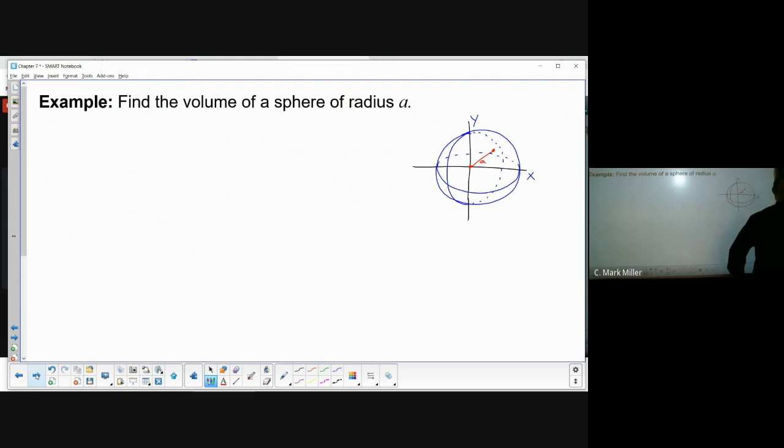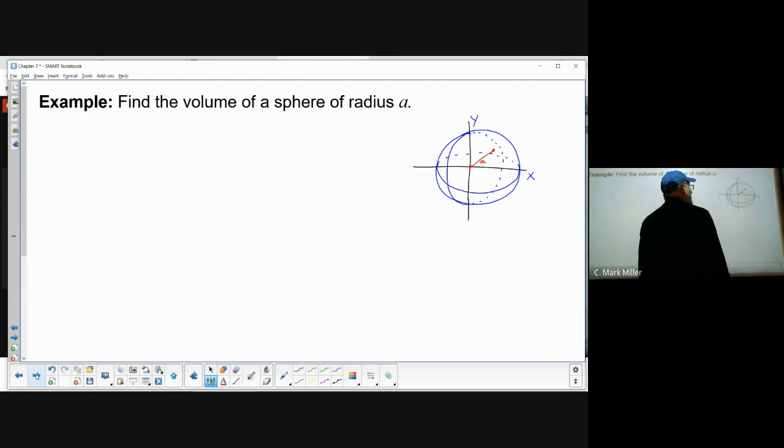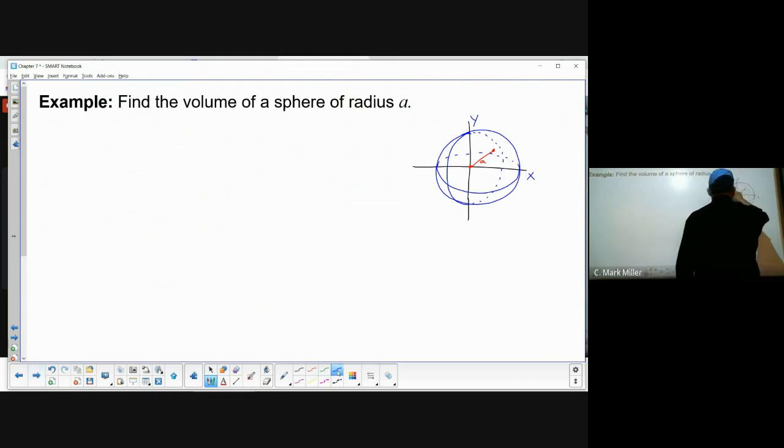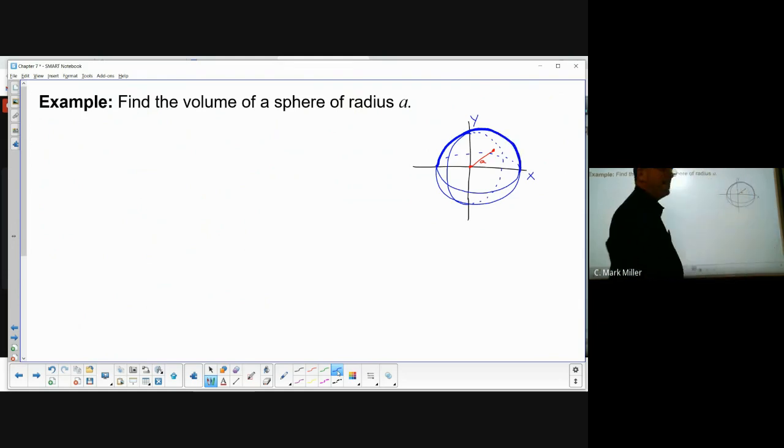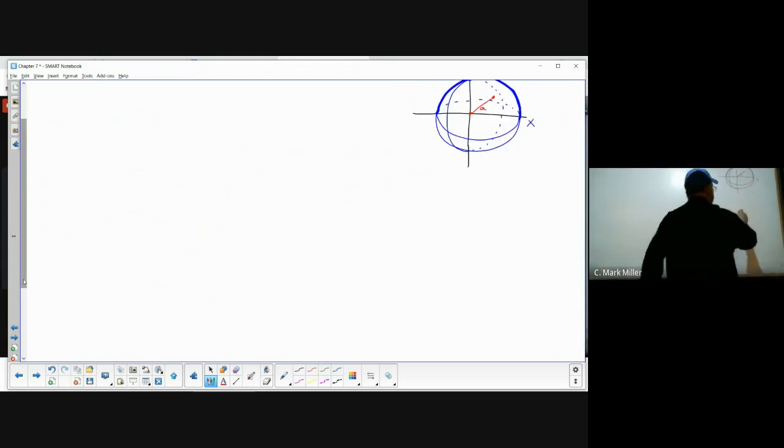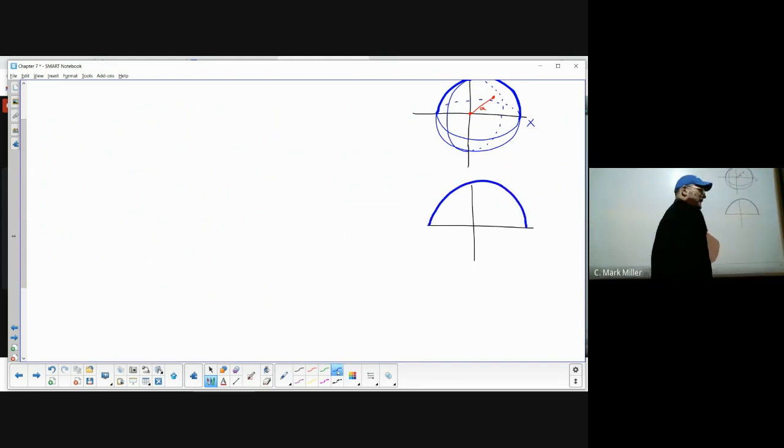Well, it certainly looks like you could rotate something, right? For example, I could rotate that function there about the x-axis. Right? If I rotated that around the x-axis, I would have something like that, right?